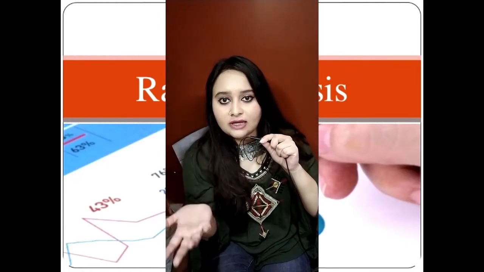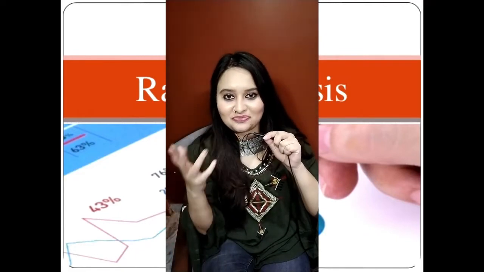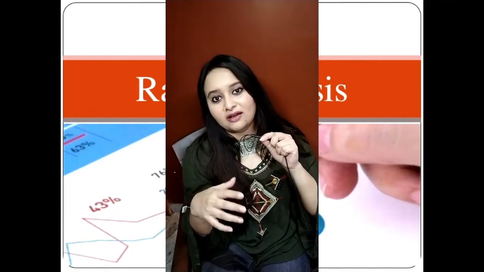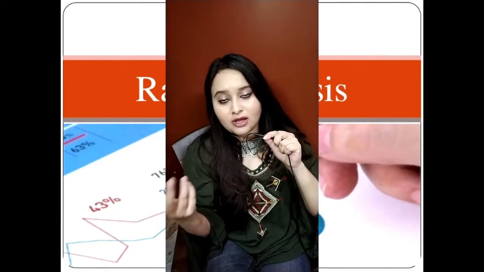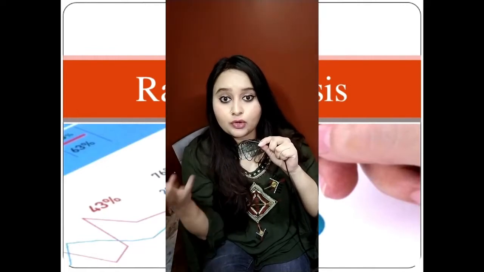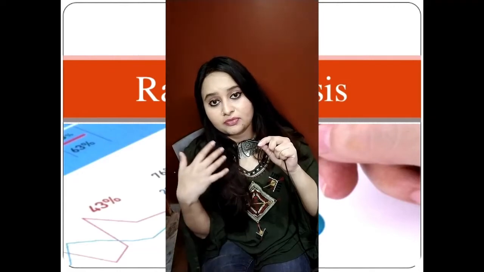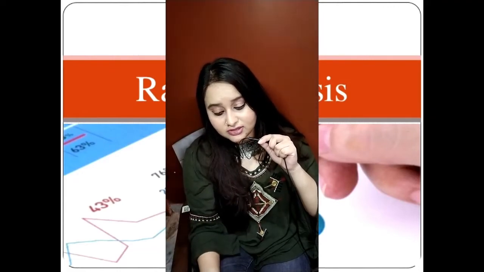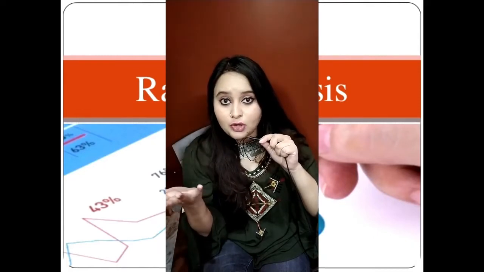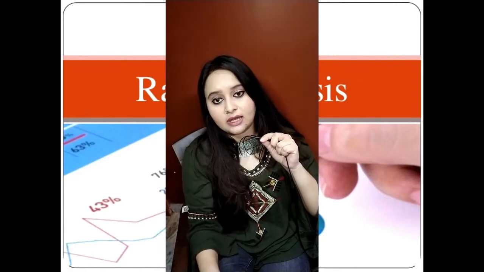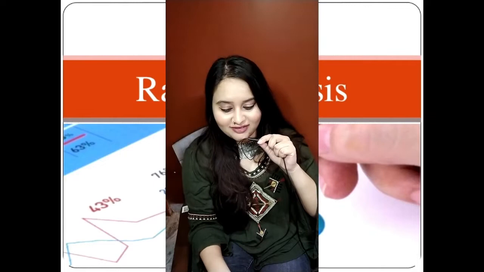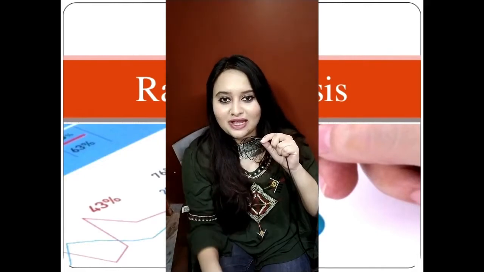So you can actually give your opinion based on these ratios, and with such small and easy formulas you can find out whether company A is more profitable or company B is more profitable, which one is more solvent, which one is more liquid, and with the activity ratios which I just discussed, whether the fixed assets are being utilized properly and fully or not. Such opinions you can give just by finding out the ratio analysis.